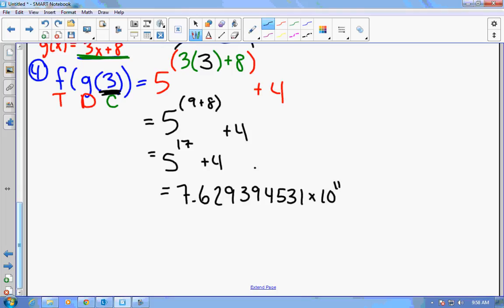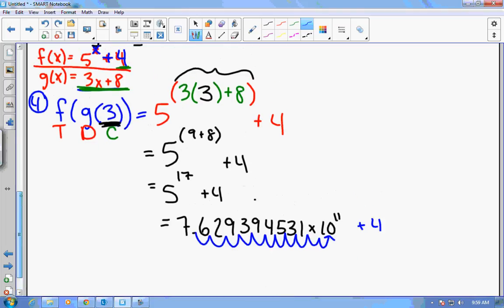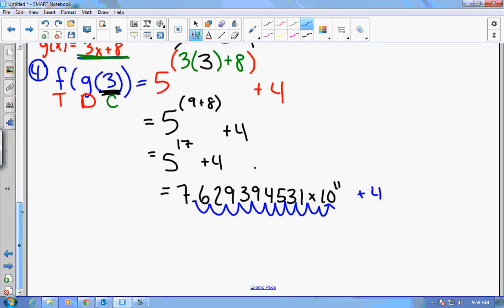Do you know what that means? Scientific notation. It means we're supposed to move this decimal 1, 2, 3, 4, 5, 6, 7, 8, 9, 10, 11 times. I just chose the 3, so that's my bad, picking a number that's going to make this a monstrosity. We don't know what the last 2 digits are, so that's unfortunately as far as we can go.